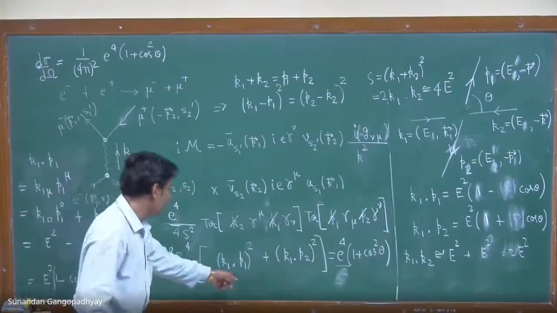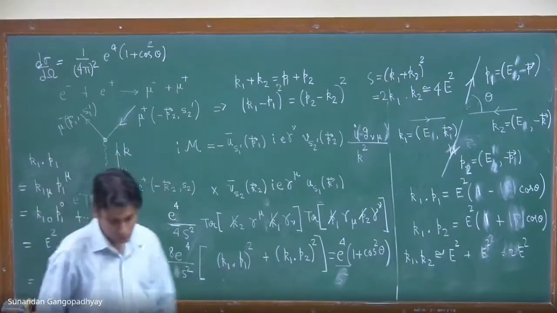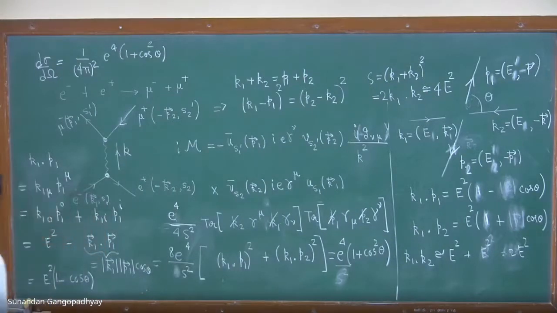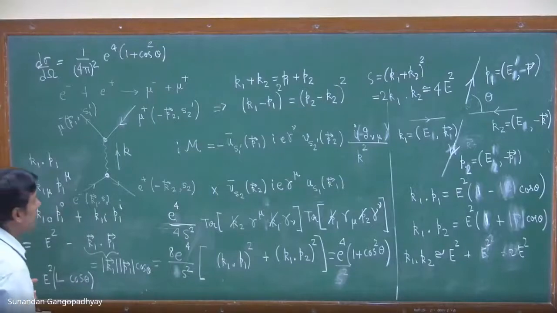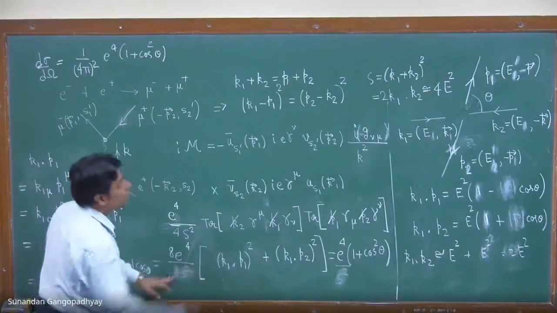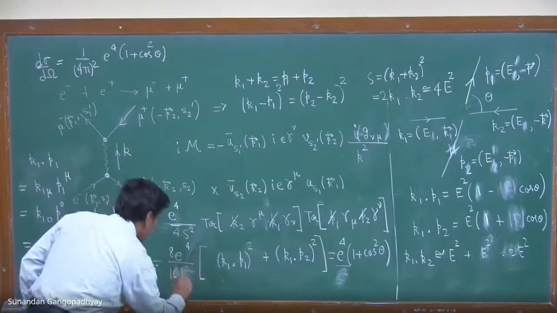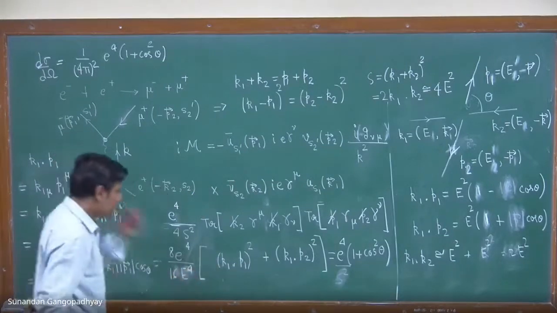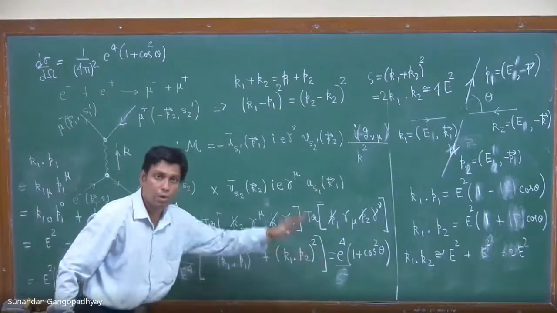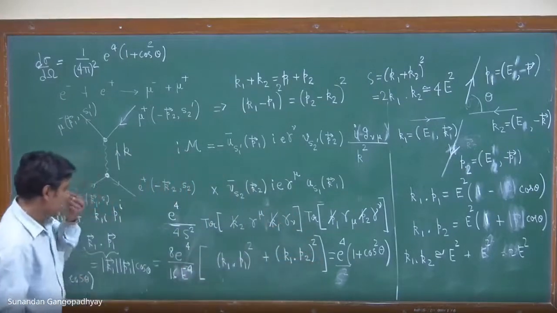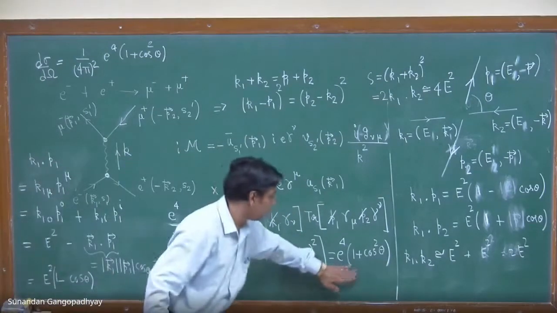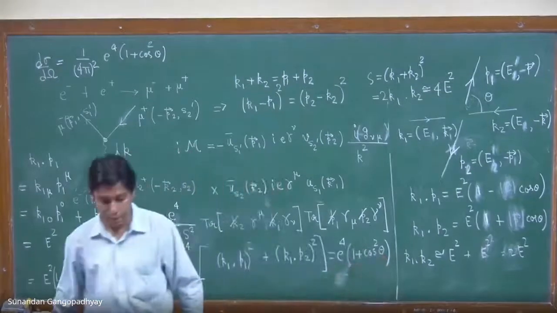Here this will be E to the power of 4, and s square you can also put in terms of E. So s square is basically 16 E to the power of 4. If we put these expressions in terms of E to the power of 4 (1 plus cos theta) whole square and simplify, then the expression will be E to the power of 4, there will be no s square, E to the power of 4 (1 plus cos square theta).